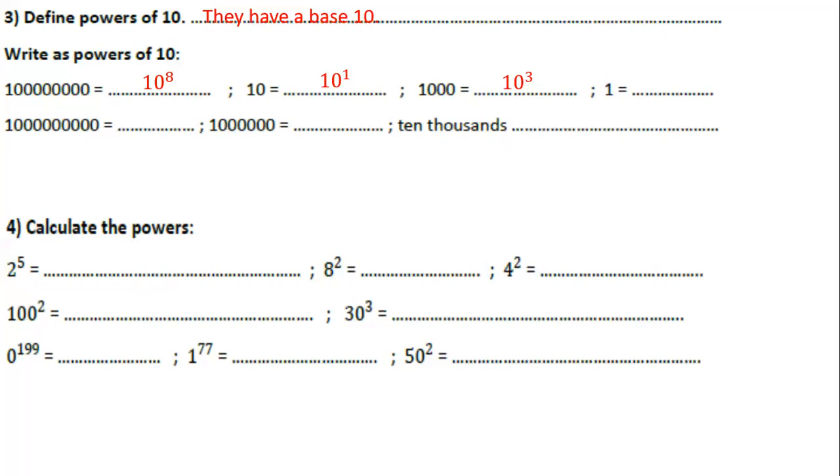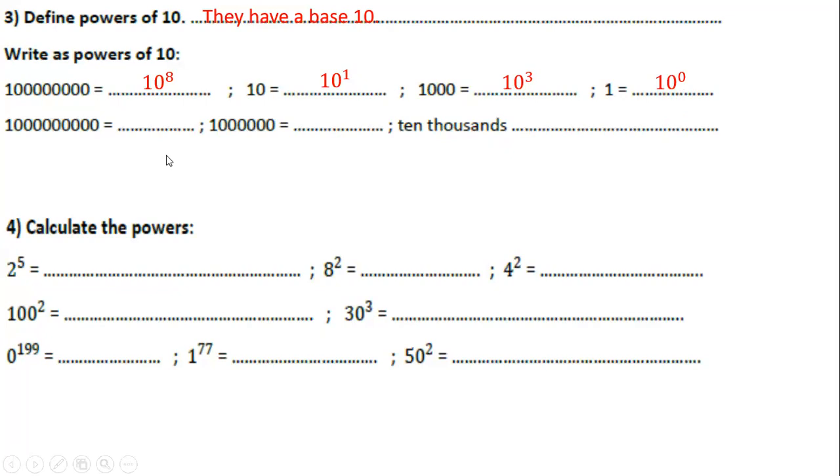Julia, always to write any number as a power of 10, please look at the definition. The base should be 10. What should be the base? 10. And the exponent, how many zeros do we have near the 1? 0. So it is 10 to the power 0.